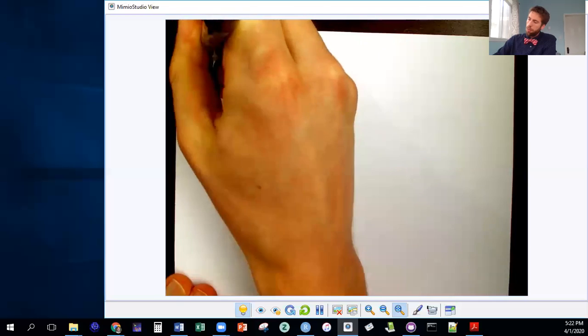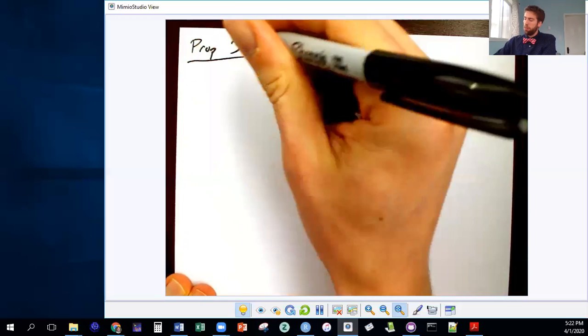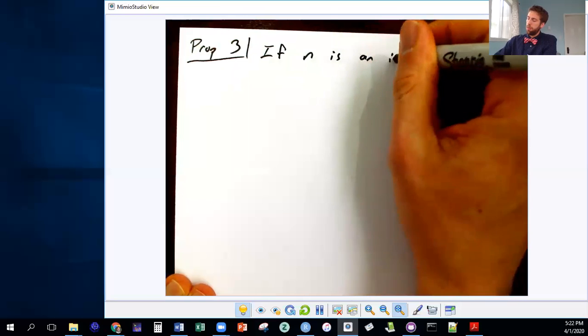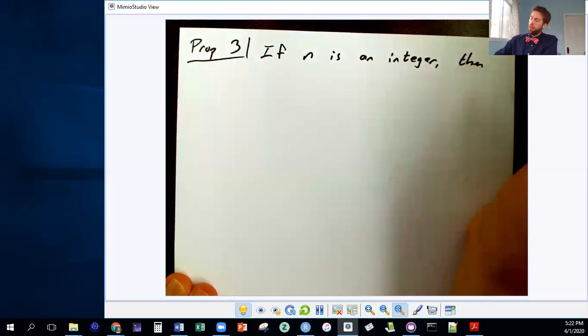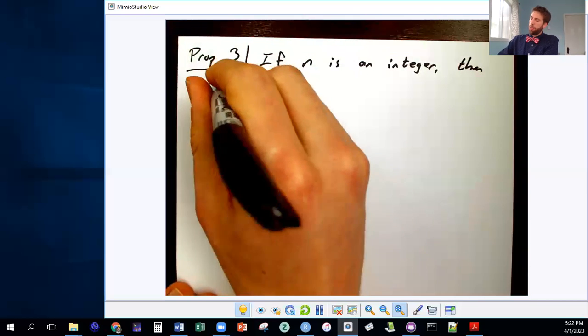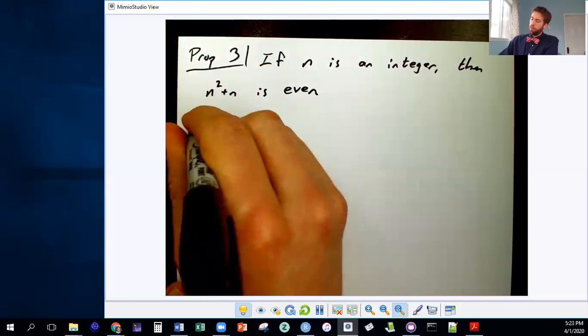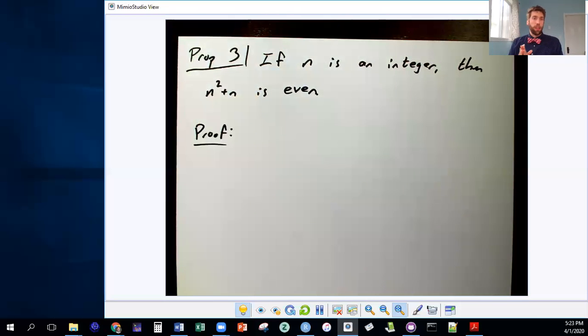Proposition 3 says that if n is an integer, then n squared plus n is even. Proof. Now, I've already proved this for even integers, and I've already proved this for odd integers. So I'll say let n be an integer.